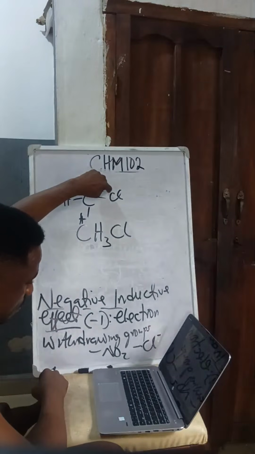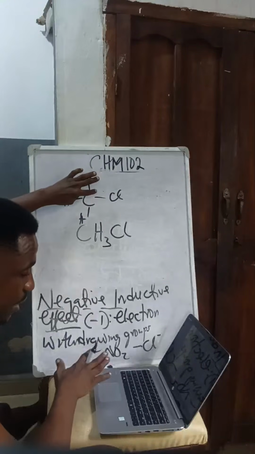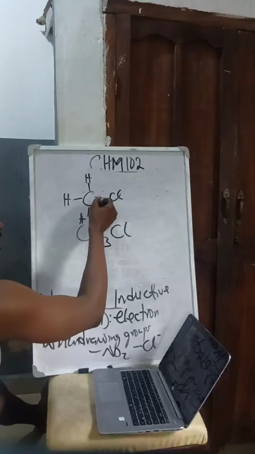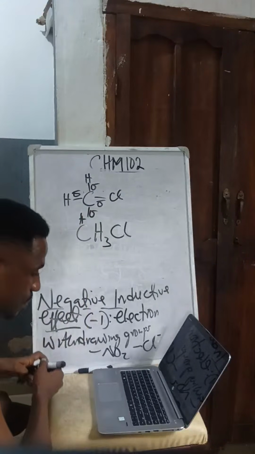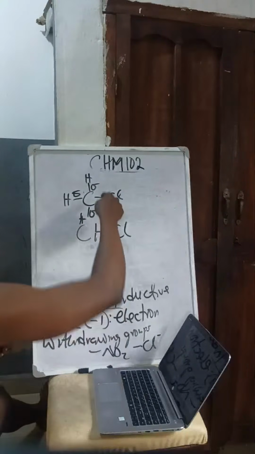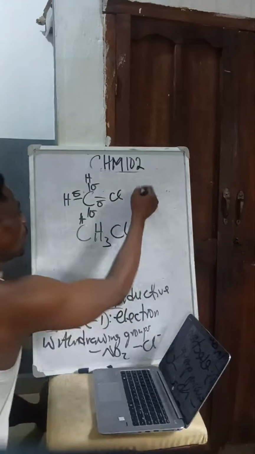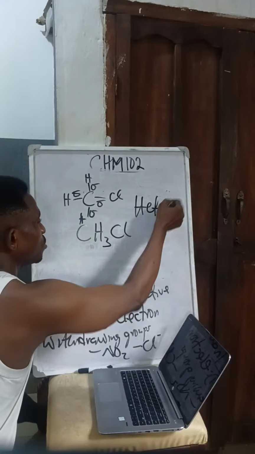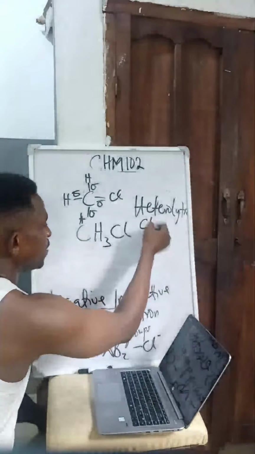Chlorine. Carbon is less electronegative. And this is a sigma bond, sigma bond, sigma bond, sigma bond. Okay? And here, the bond will break using heterolytic cleavage.